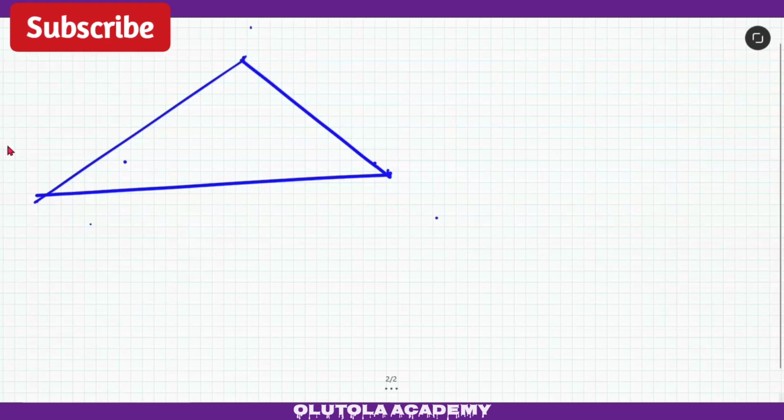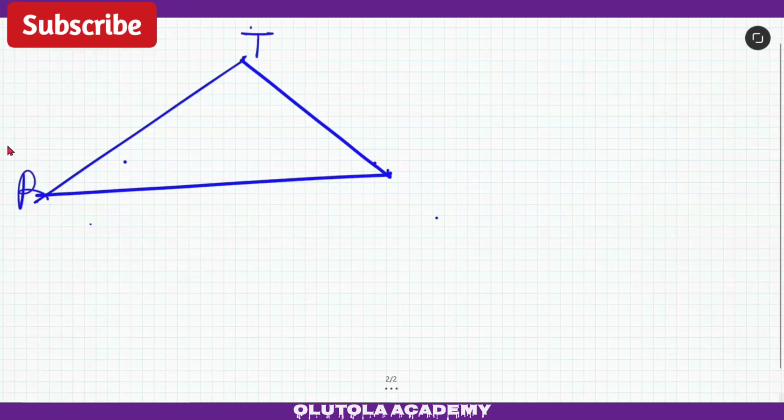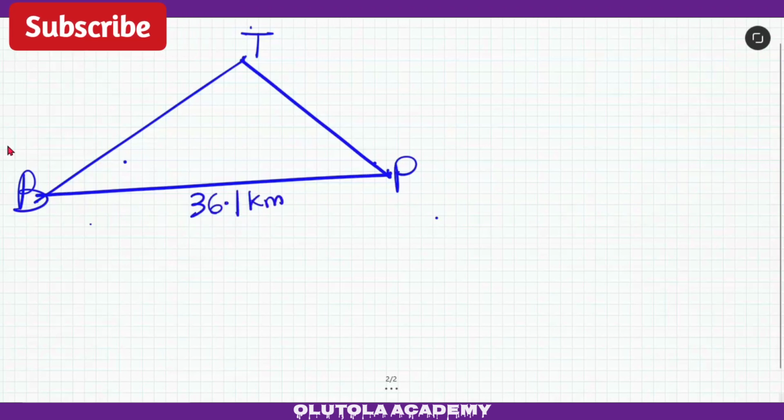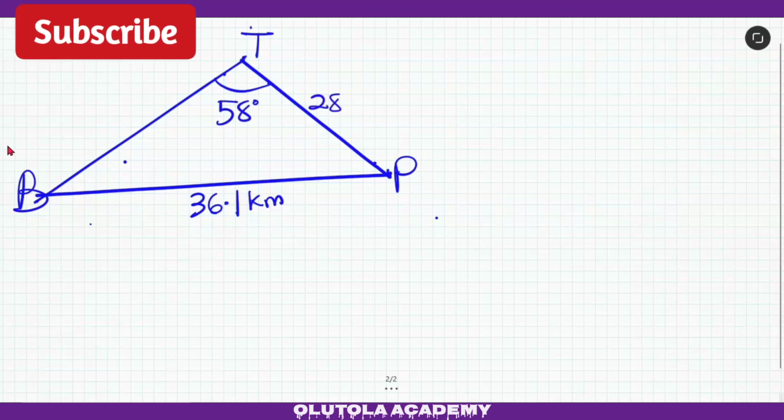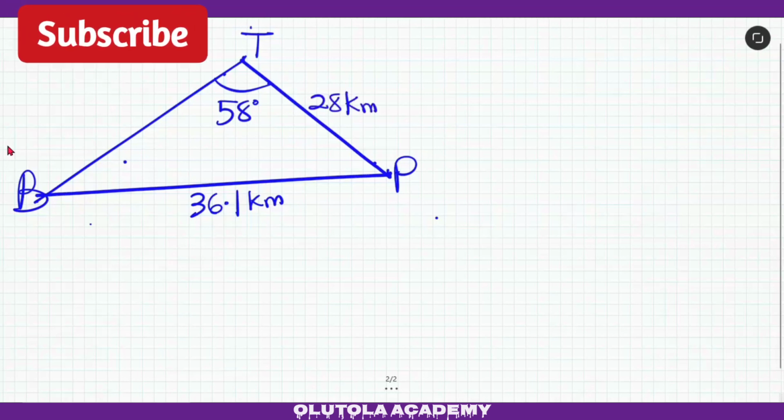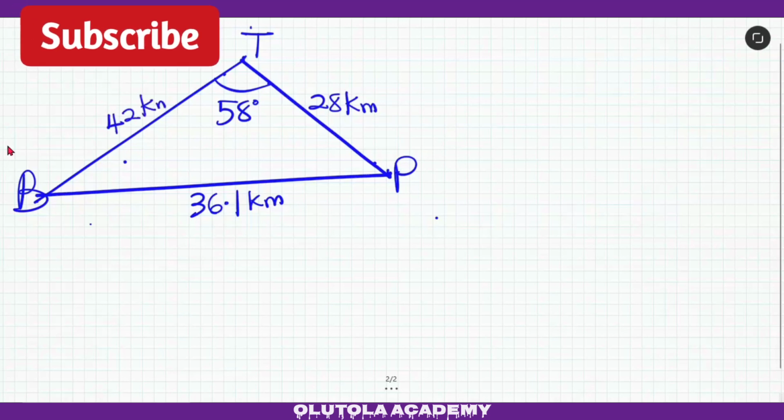I have this point to be point T, this to be B, and this to be P. We have found this to be 36.1 kilometers, here to be 58 degrees, here to be 28 kilometers, and here was 42 kilometers.